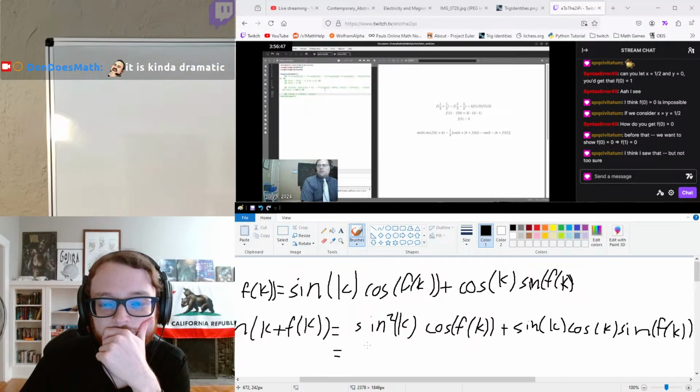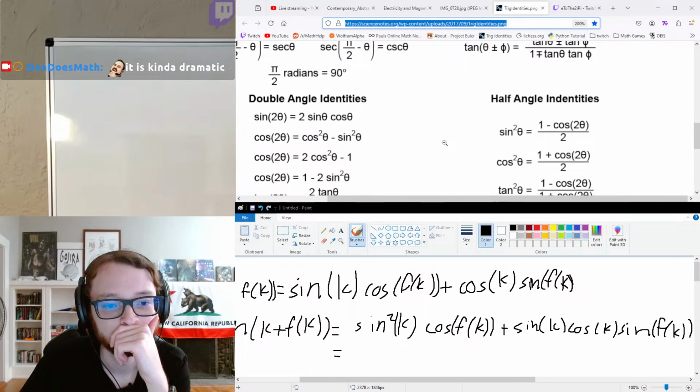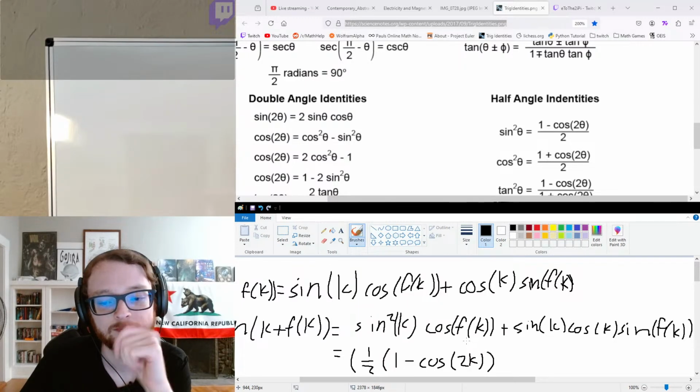That's 2 f of 0 equals 2 f of 0 squared, which you can then solve and get f of 0 squared minus f of 0 equals 0.